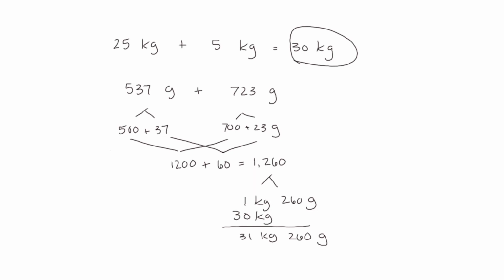Let's also look at this for subtraction. Let's say we have 10 kilograms and we want to subtract 2 kilograms, 250 grams. First, as an algorithm strategy, we could write it vertically.